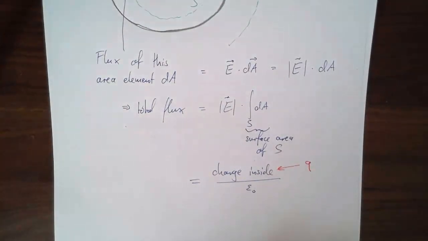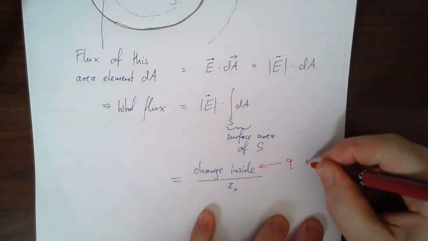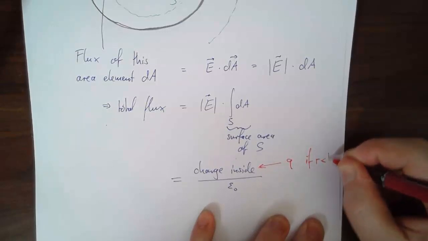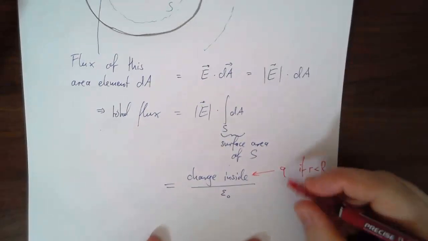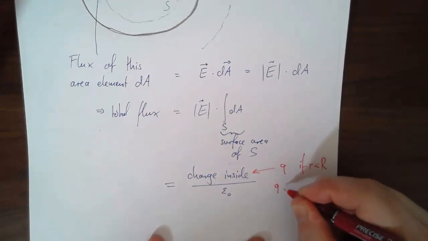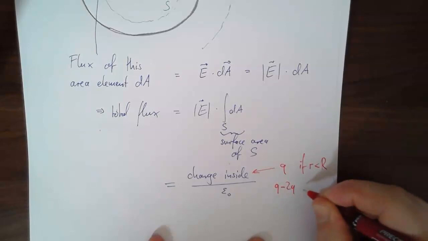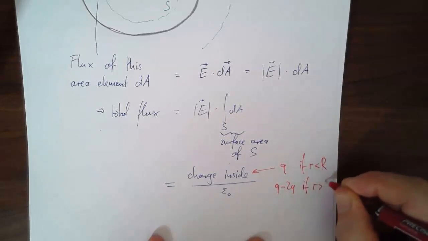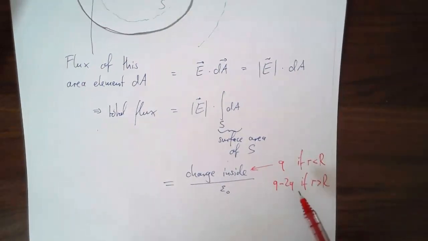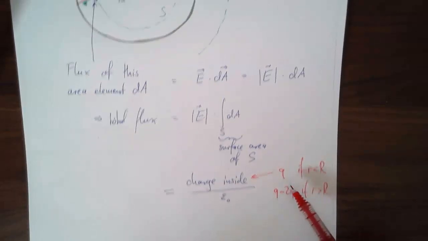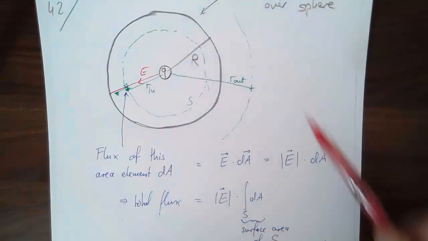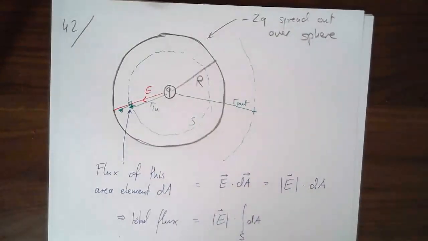So for the Q, if small r is smaller than R, if we are interested in the point on the inside, it's equal to Q. Minus 2q if r is greater than R, because that is the total charge inside. If q were 1 coulomb, that'd be 1 coulomb of positive charge in the middle and minus 2 coulombs on the sphere, so it'd actually be a negative value.